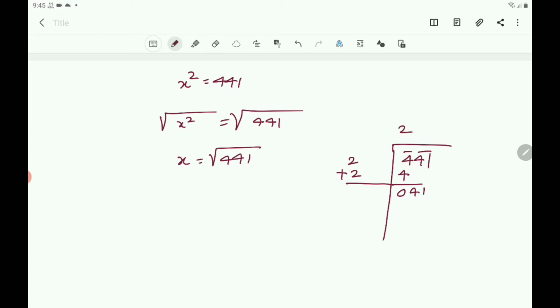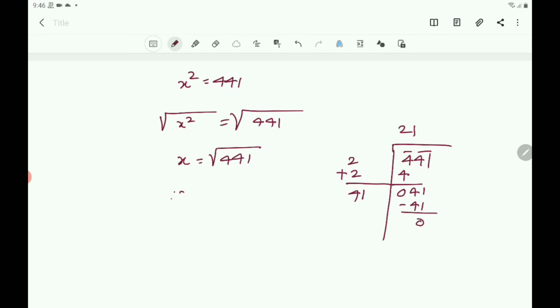2 plus 2, 4. Then you put 4 1 1. 41 ones. You know that 41 into 1 is 41 only. Therefore, you can take 1 in front of 4 to multiply it by 1. So you got 41. 41 ones are 41. 41 minus 41 is 0.